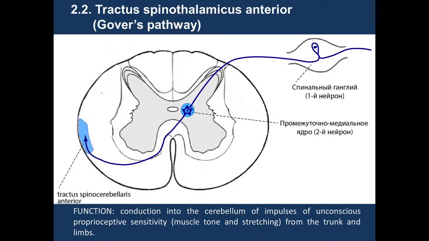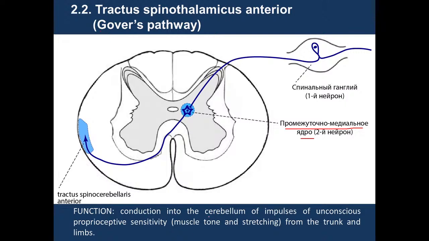It is unconscious information. It goes to the cerebellum, and this pathway is located in the lateral column. Another pathway is called tractus spinocerebellaris anterior, or Gowers' pathway. It is located nearby, and it starts from the intermediomedial nucleus in the center of the gray matter.